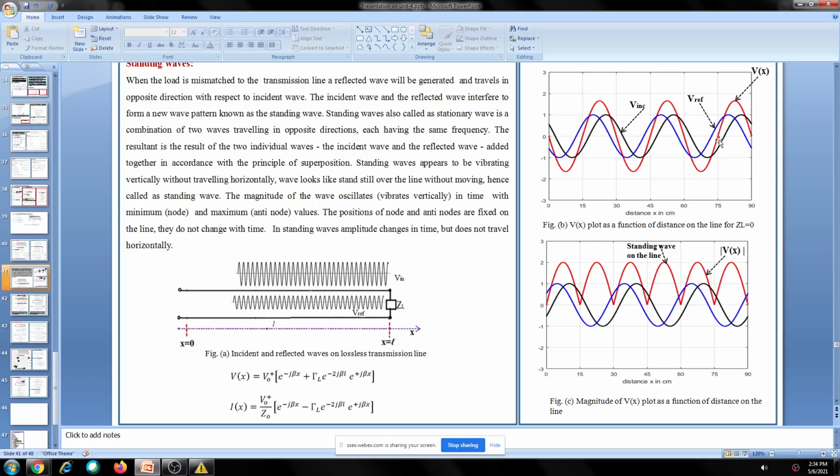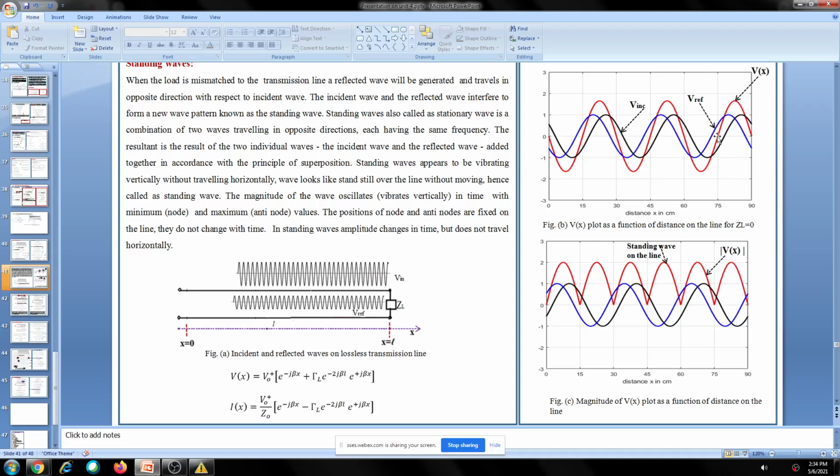Automatically they cancel each other at this position, so we will be getting the minimum. At this position they add together, we will be getting the maximum. So whenever the two waves are traveling, at some positions they add constructively like this, and we get the maximum.